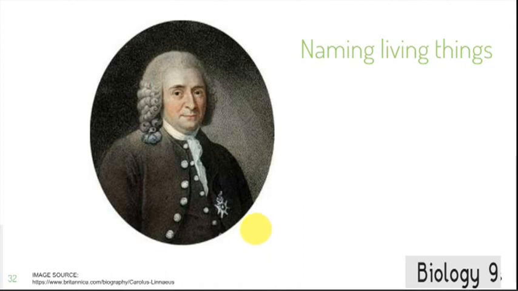Well, this problem's solved because of this guy, Carl Linnaeus. So, he realized this was a problem, but before he came around, there was this other guy that sort of started taxonomy, called Aristotle. He's a philosopher.